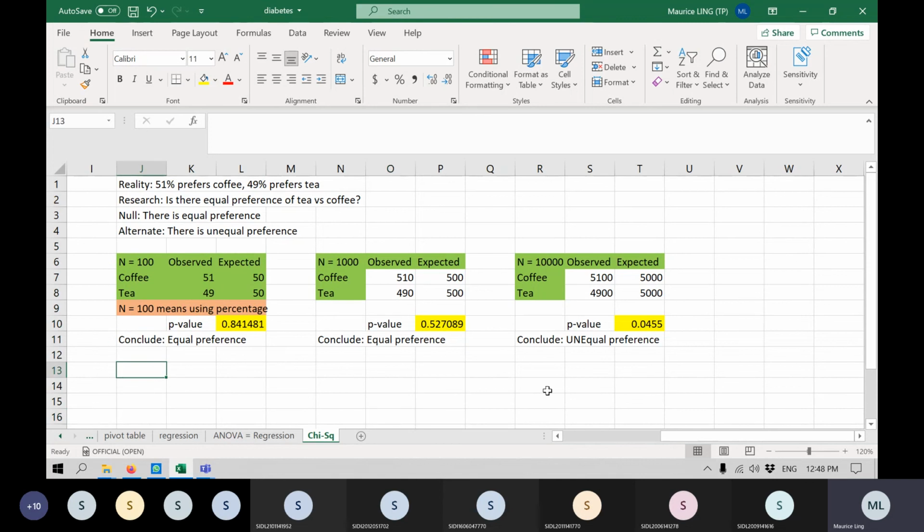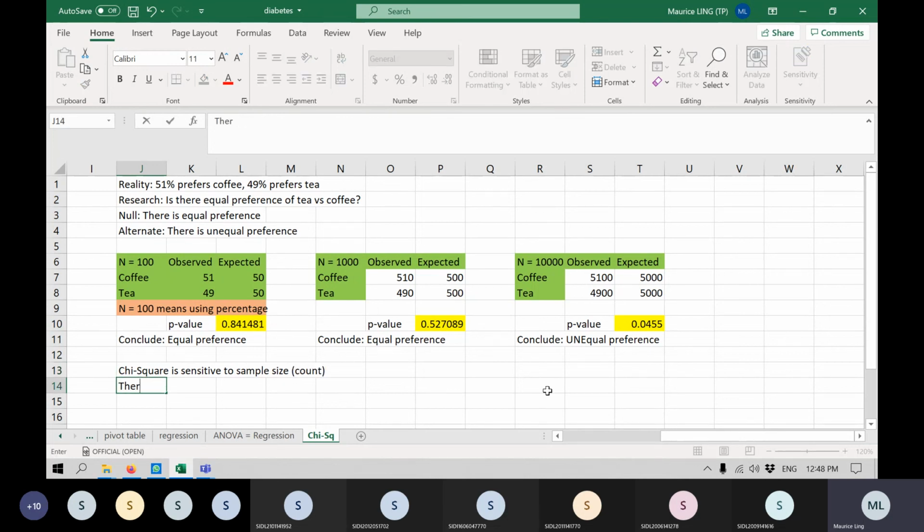Very important. Chi-square is sensitive to sample size. The sample size is the count.